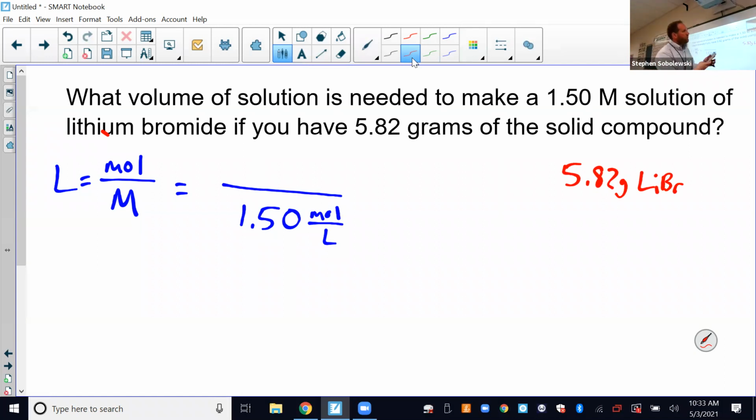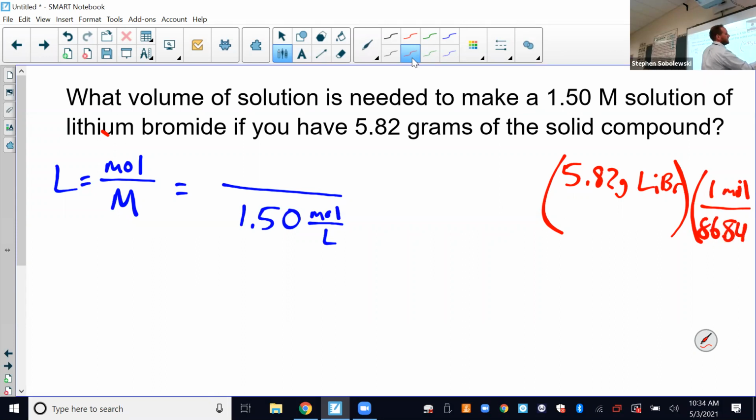So lithium bromide is going to be 6.941. That's lithium. Bromide is 79.90. Add those together, I get 86.84. 86.84 grams. 5.82 divided by this gives me 0.0670 moles.